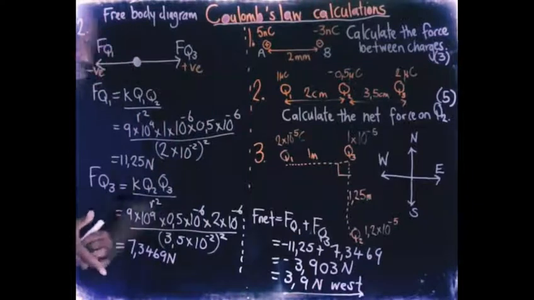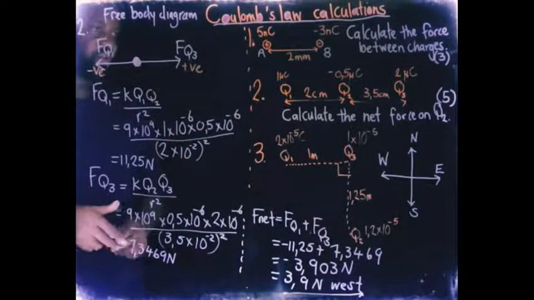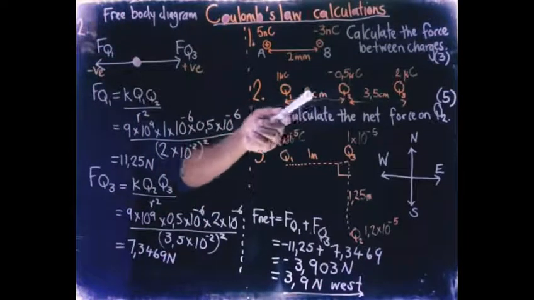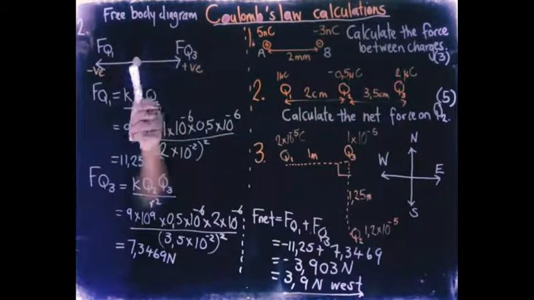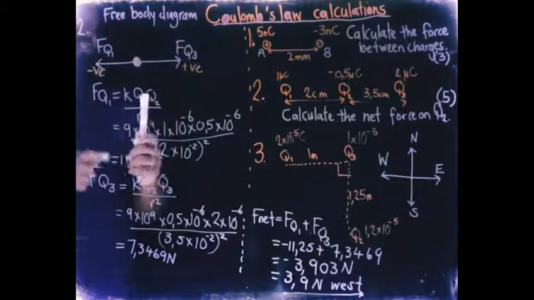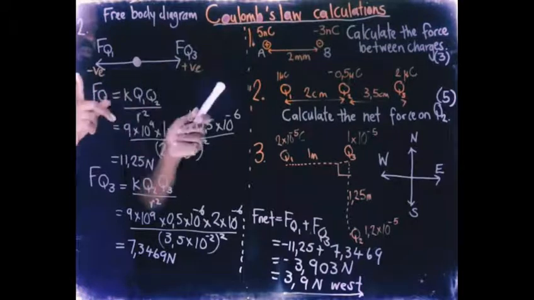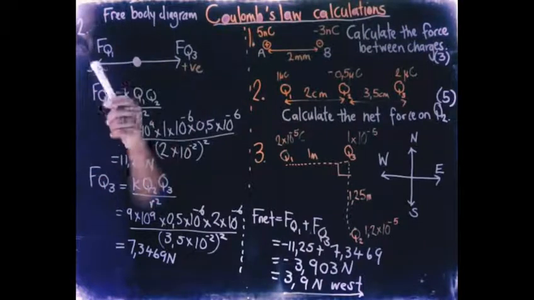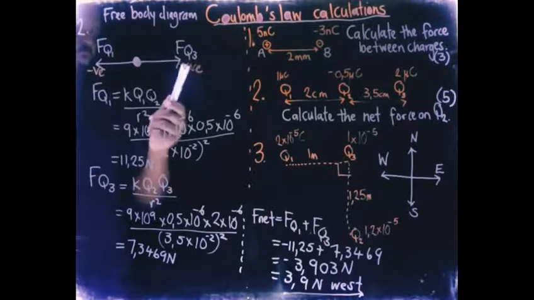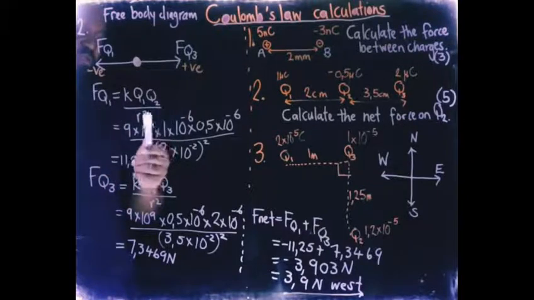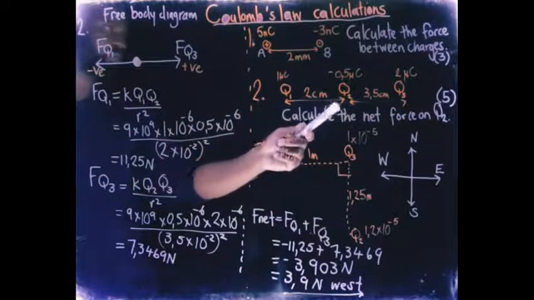Okay, quick recap. Once you have more than 2 charges, draw a free body diagram. Determine the direction of the forces. Once you've determined the direction of the forces, go determine the magnitude of the forces by looking at the distance.